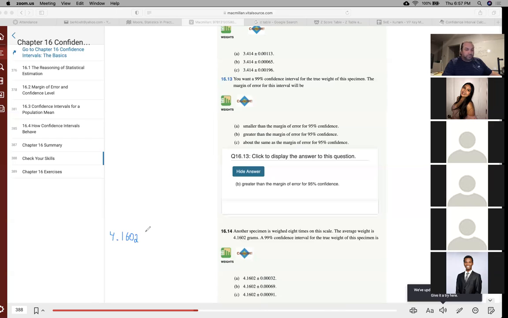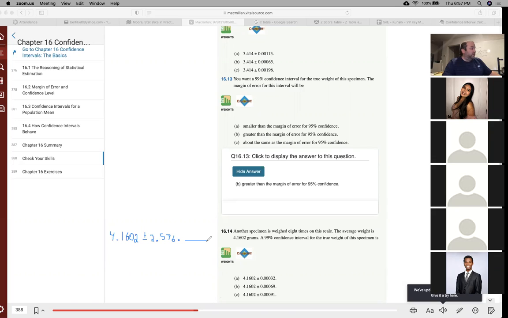And then wouldn't it be the square root? Well, it's in there somewhere, but let's go in order. What comes next? Plus or minus the z star. And what's z star? I forgot what it was for the 99. There it is, 2.576. And then this is where the square root would come in.